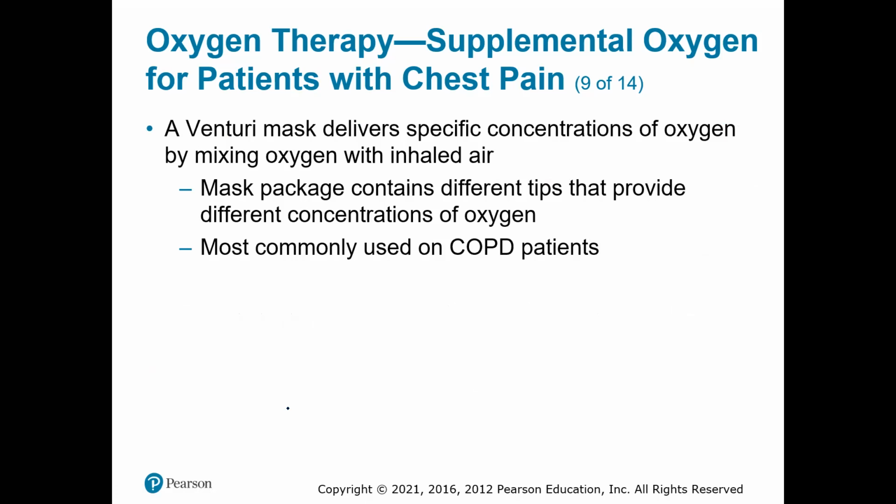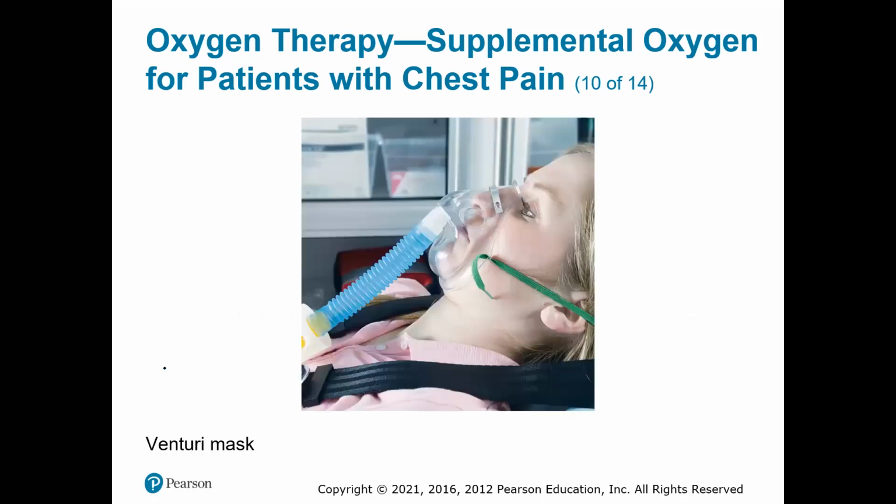So you can have it at 100% oxygen delivered, 40% oxygen delivered. It's mainly used on your COPD patients because, like I said before, they depend on a higher level of carbon dioxide in their body for them to want to take a breath in. Here's a Venturi mask. There's actually a device down here that determines how much oxygen is going to go into the mask itself.